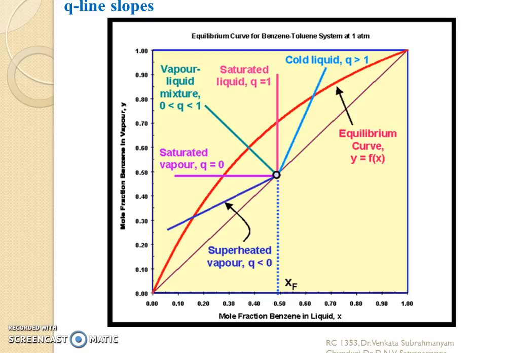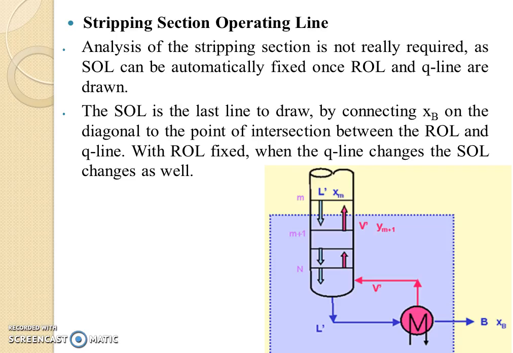So the Q lines will appear like this. For the cold liquid, it is like this. For the saturated liquid, it is like this. For the partially vapor feed, it is like this. Now this is the stripping operating section. You can see that B is the residue coming out.